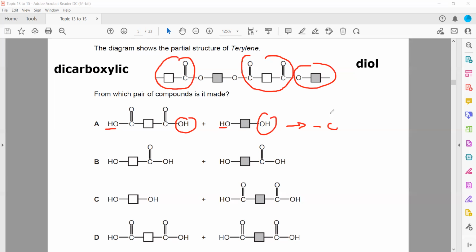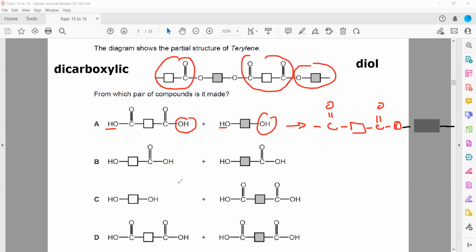It will be C double bonded with O. Then there is a box. Then there is C double bonded with O. OH and H are being removed. So this will be O. And there is a box. So this will be the complete structure of this polyester.